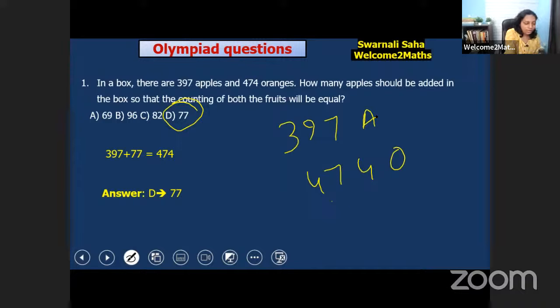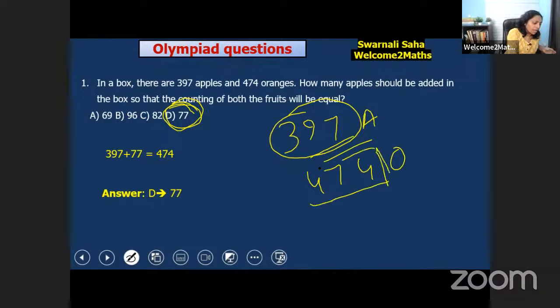For equaling the number of fruits, we have to add some number with 397, and for that we will add 77 only. Whenever we add 77 with 397, we'll get 474. Okay, so that the number of fruits would be equal. That is the question. So that's why we add 77 with 397.